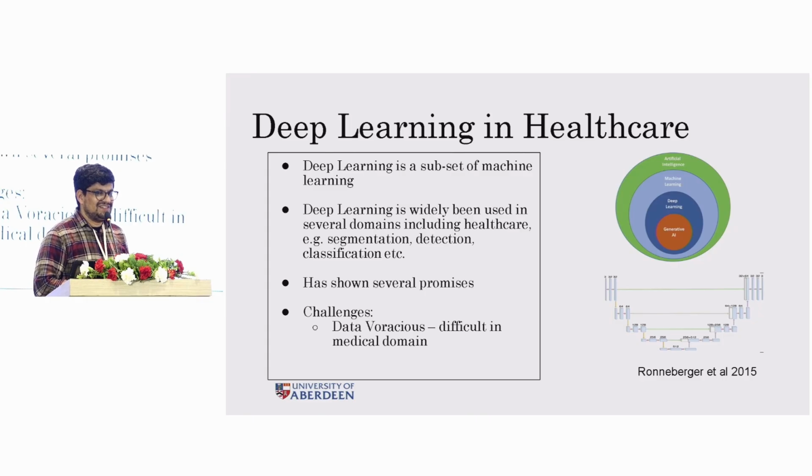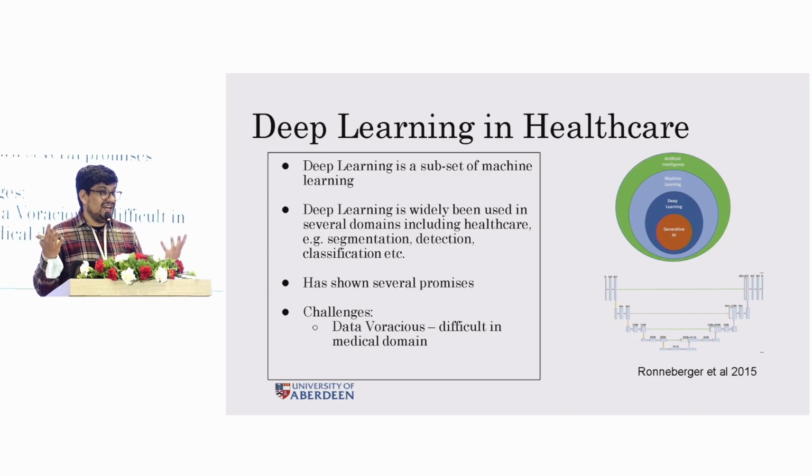Artificial intelligence is like physics or chemistry, a kind of discipline. Machine learning comes within it, and deep learning is a type of machine learning. Generative AI is a type of deep learning. This has been widely used in various applications, including healthcare, and it has shown a lot of promise.